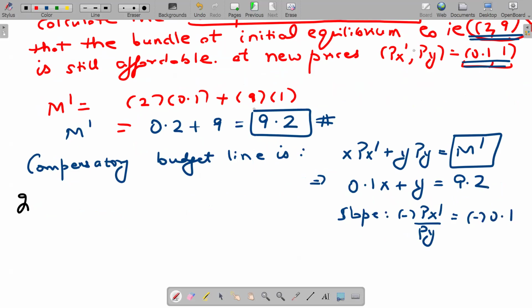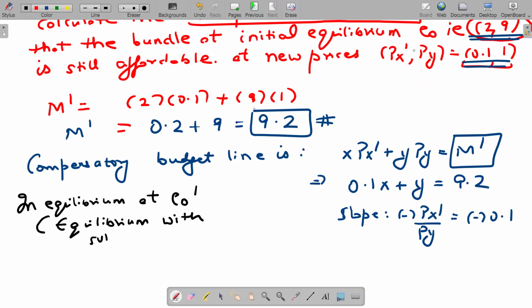And in equilibrium at E0 dash, let me call E0 dash the equilibrium with substitution effect.